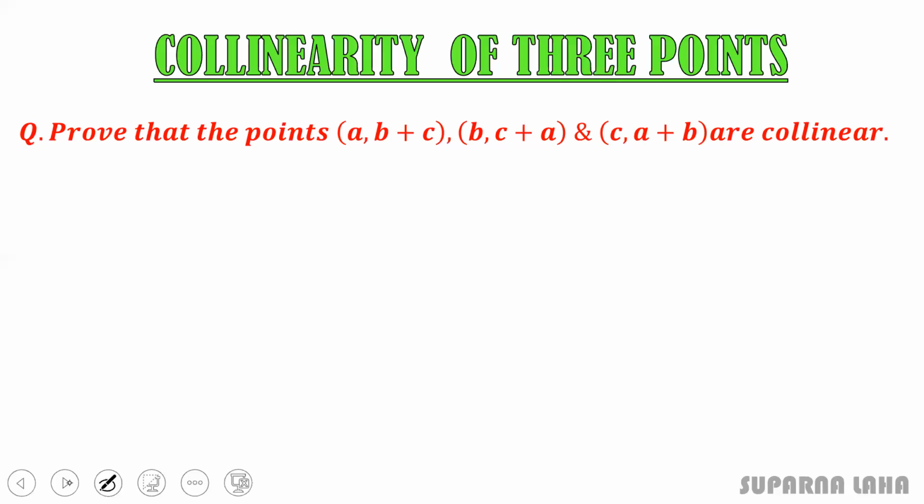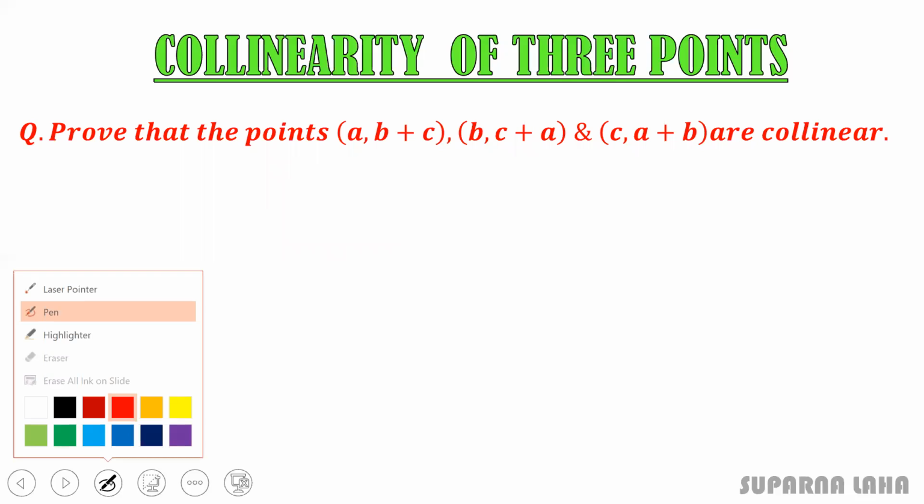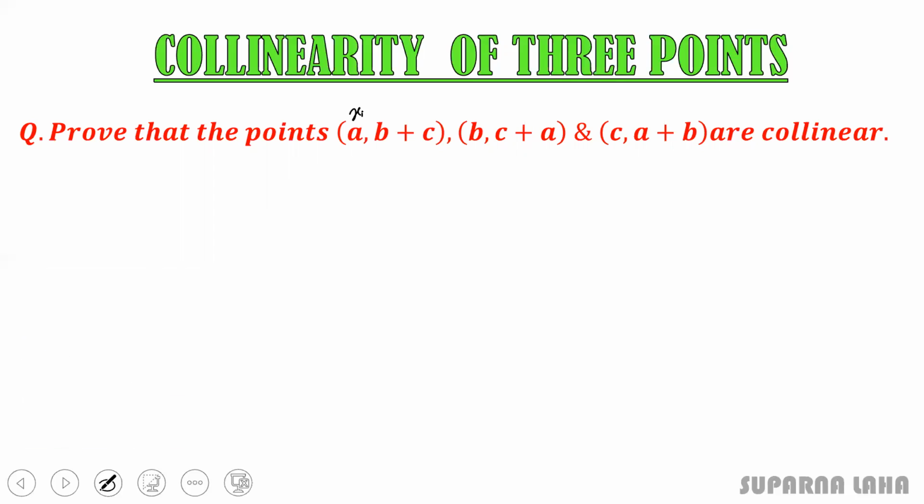Third point is C comma A plus B. So you know the formula. If we take this point x1, this is y1, this is x2, this is y2, this is x3 and this is y3, then you can easily find the area of the triangle made by these 3 points.